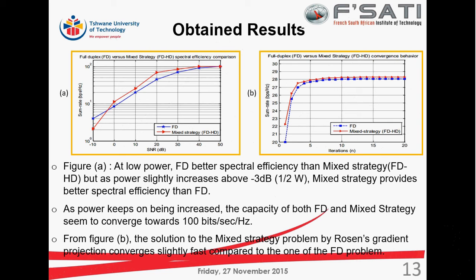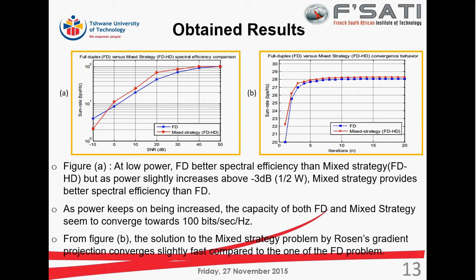On the left-hand side, what we refer to as figure A, it shows that at low power, the full duplex has better spectral efficiency than the mixed strategy, but as power slightly increases above minus 3 dB, half watt, sorry, the mixed strategy provides better spectral efficiency than the full duplex.